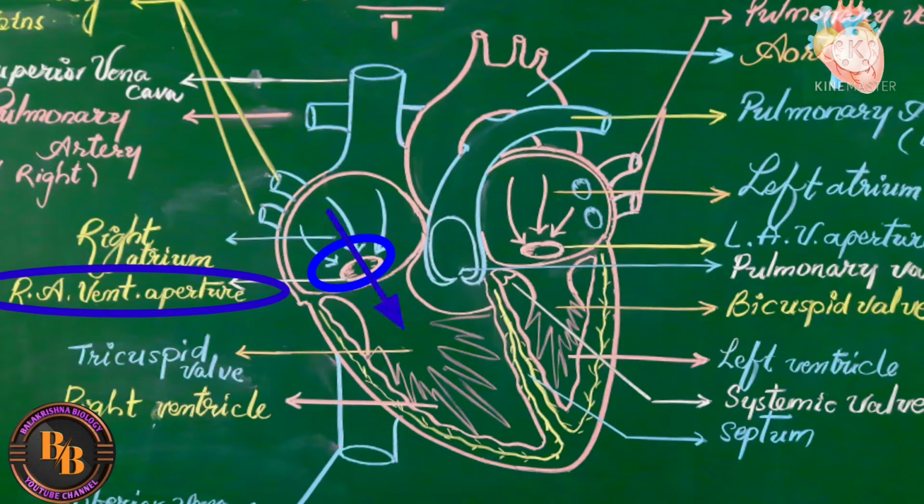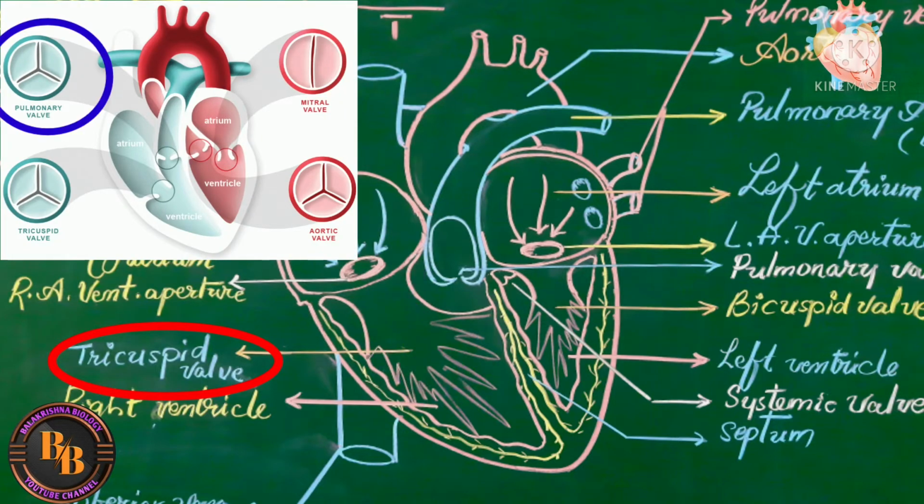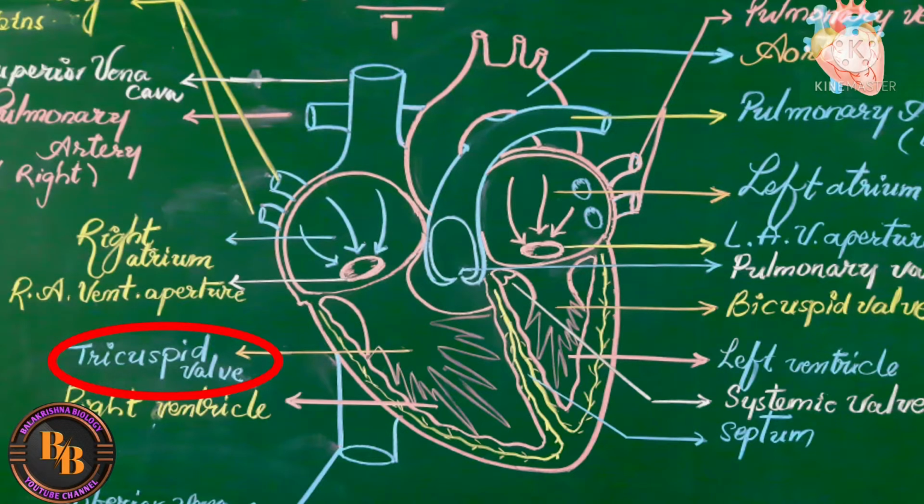At this aperture, there is a valve called the tricuspid valve. This valve allows blood flow from the right atrium to the right ventricle only. It prevents the backflow. You can see this on the screen also.